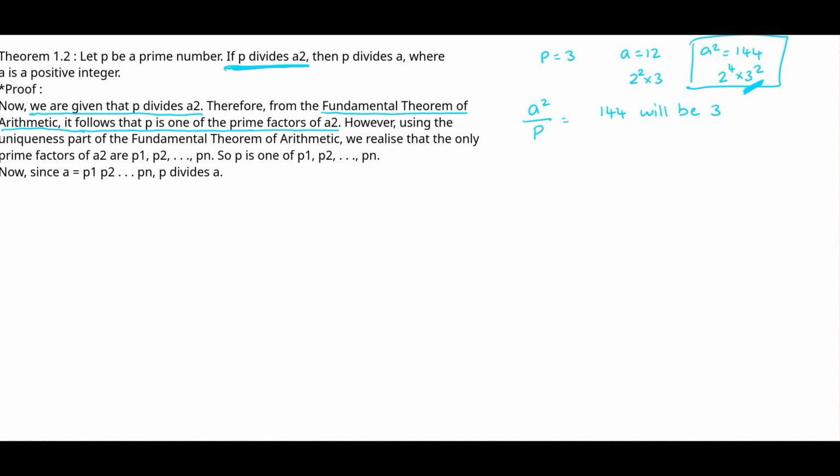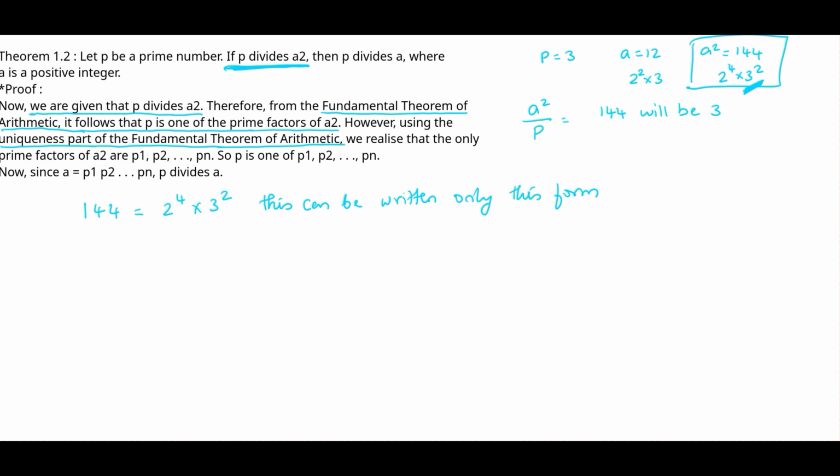Okay. Now the next part of the theorem says, by using the uniqueness of the fundamental theorem of arithmetic, whatever prime factors 144 has got, 2 power 4 into 3 power 2, this can be written only in this form, and this form will not be repeated in any other number.